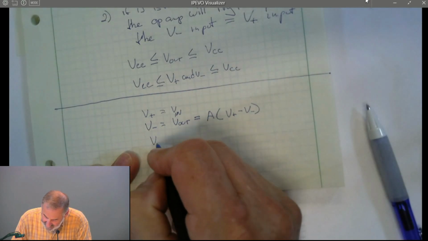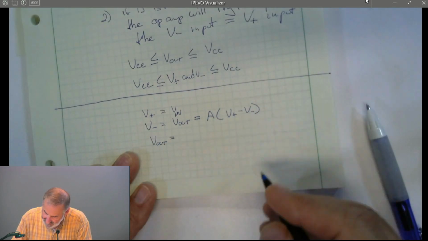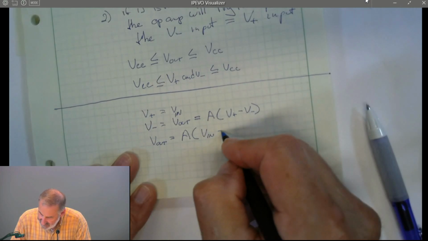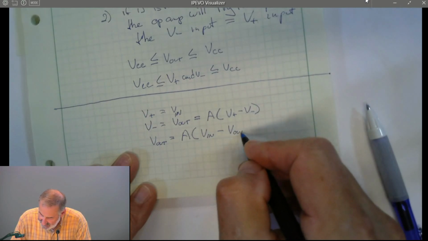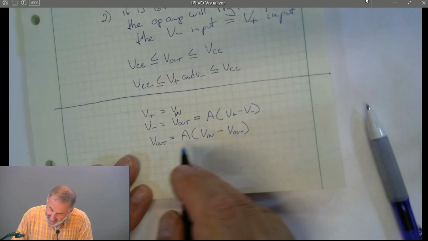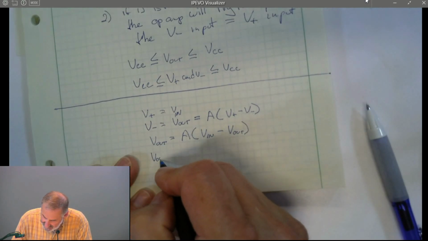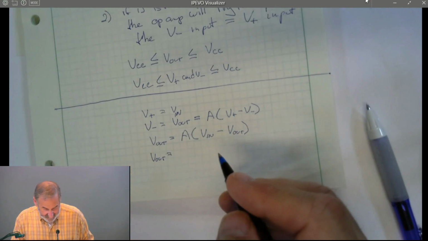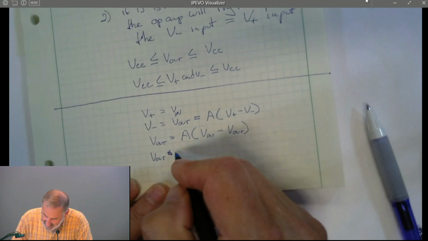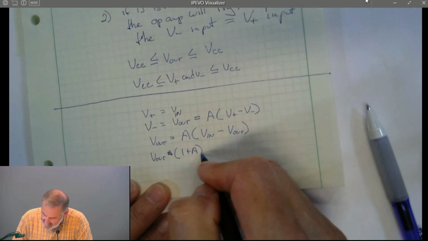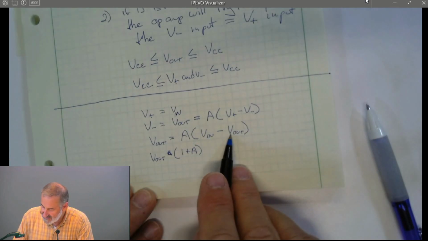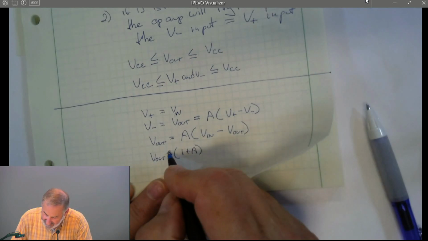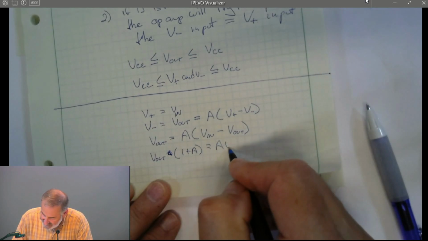V out is equal to A times (V plus, which is V in, minus V minus, which is just V out). We gather terms, and we end up with V out times 1 plus A. We've got V out over here, we have minus A V out, move it over here. We have V out plus A V out, and we can factor out the V out: V out times (1 plus A) is equal to A times V in.